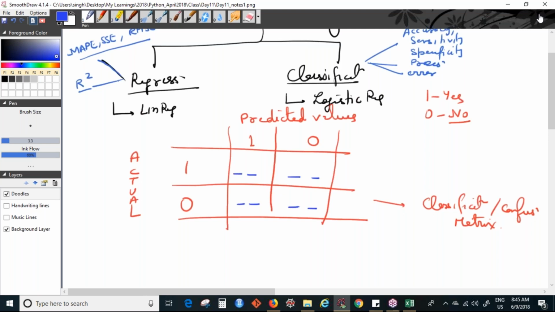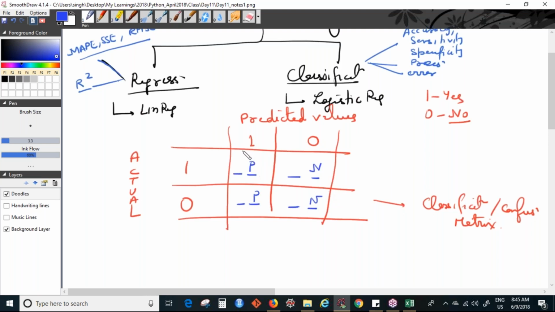Yeah, if it is 1, it means it is positive. But 1 for actual or 1 for predicted? Predicted, yeah. So if the predicted value is 1, that means the second word is positive. So I will write positive here because the predicted value in this column is 1. Similarly, the predicted value in this column is 0, so I will write negative.